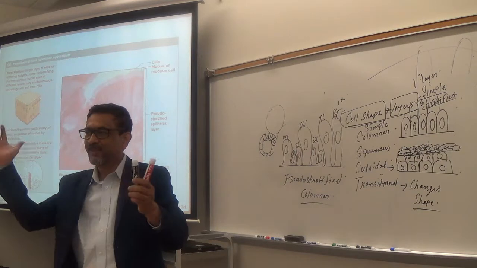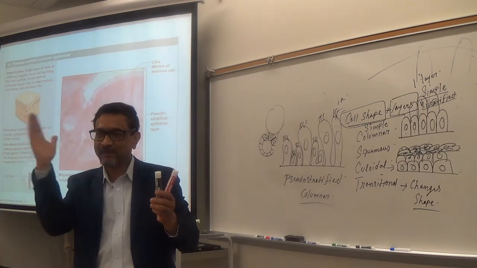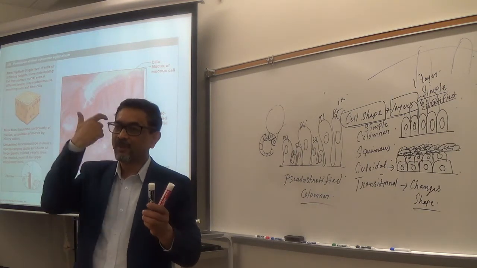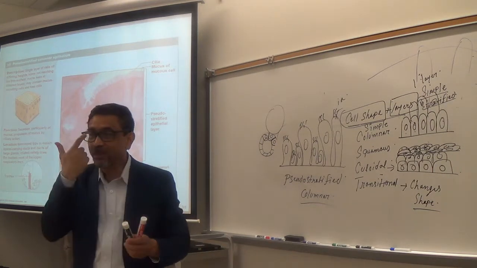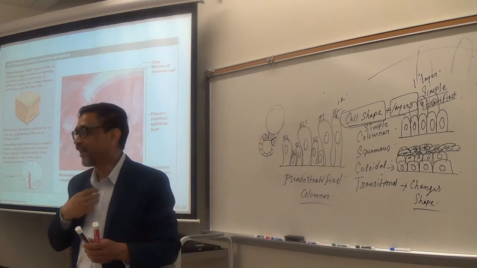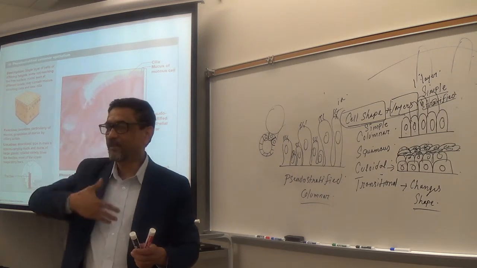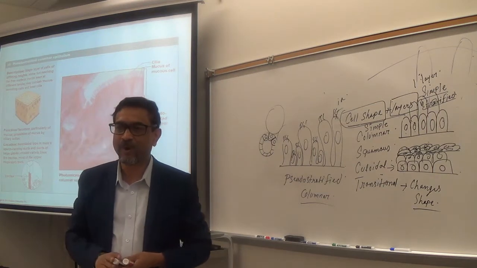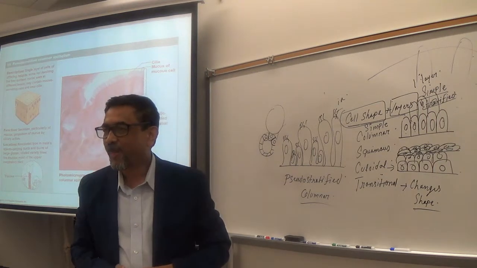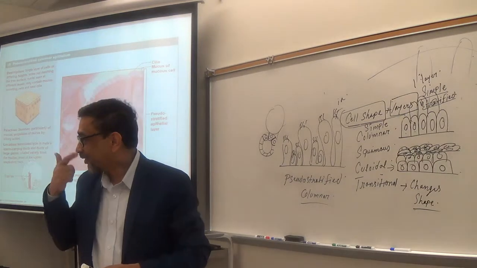Where you need many cilia? Inside the nose, inside the trachea, upper respiratory tract, nasal cavity, trachea, main bronchi. Why? Secretion of mucus occurs, right?